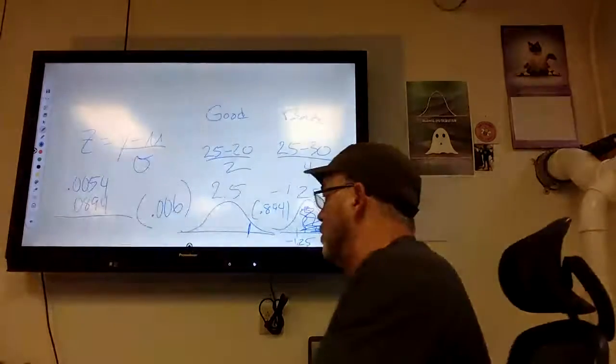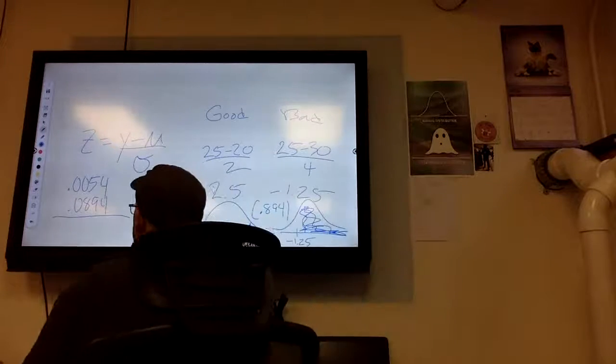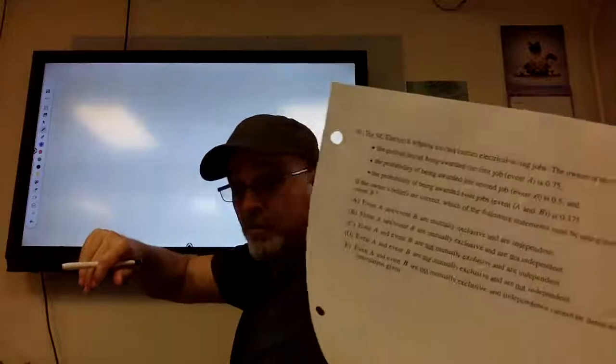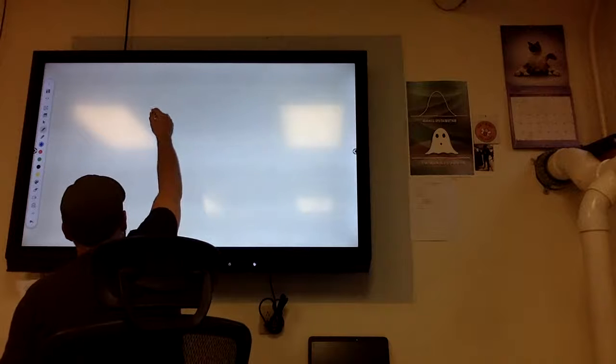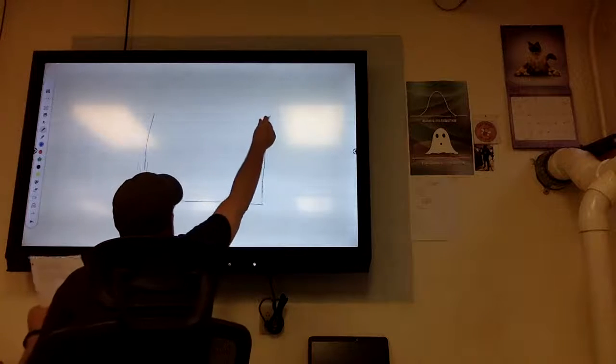Let's put this on the board. This is a Venn diagram. Number 40, by the way, so we make sure we're looking at the same one. It says, SC Electric Company has bid on 2 electrical wiring jobs. So let's get a nice Venn diagram up there.